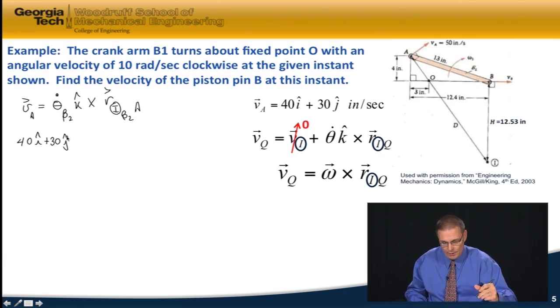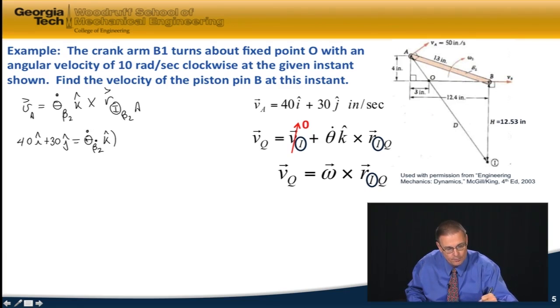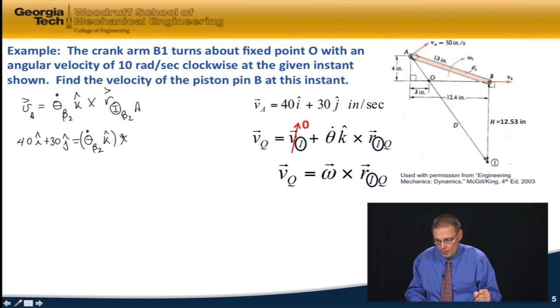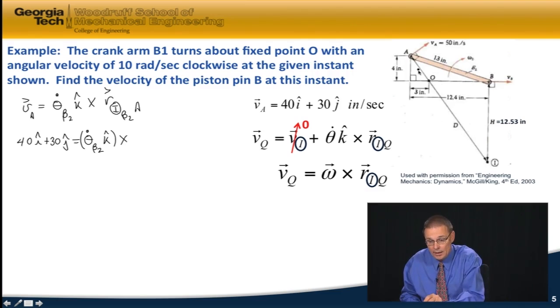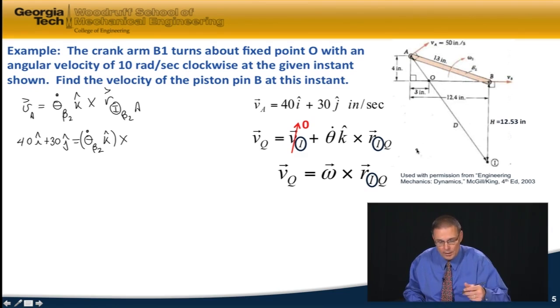The angular velocity of bar B2 is unknown, so that's theta dot B2 K, crossed with, in going from the IC to A, the position vector of minus 12.4 in the I direction and plus 16.53 in the J direction.